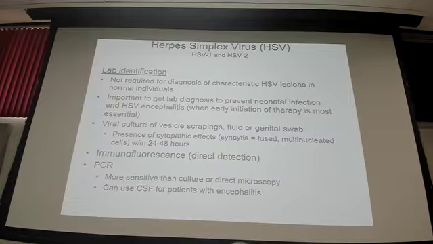We don't require that testing most of the time, but when you really want to make sure to put a patient on one of these antivirals like acyclovir, famously a major herpes virus medication, would be when you're talking about somebody who is really susceptible, like a newborn. You really don't want them to get encephalitis. We can also do viral culture. We can scrape the vesicles themselves. That fluid in the vesicles would be packed with virus, super transmissible.